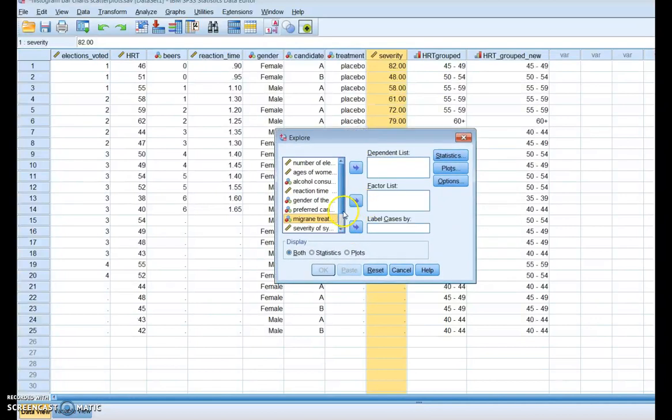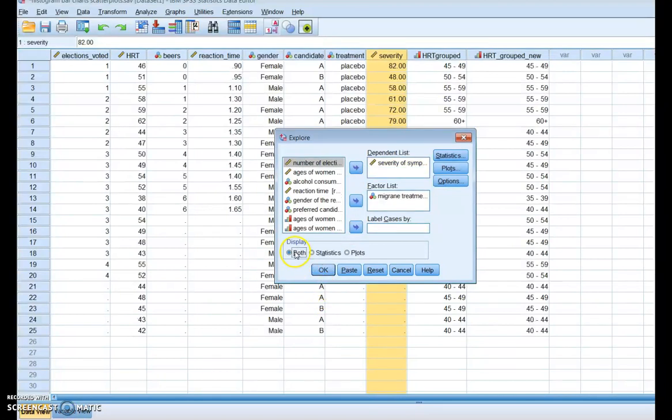What we want to see is how different treatment is going to affect the severity of migraine. So the factor is going to be the treatment, two groups of treatments, and being affected is severity. Severity is going to be the dependent list.